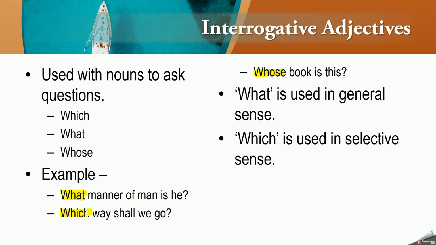Manner could be described in any way: he could be a congenial man, well behaved, or ill mannered, any kind. But when I say which way shall we go, which represents a particular direction, so it is used in the selective sense, whereas what is used in the general sense.